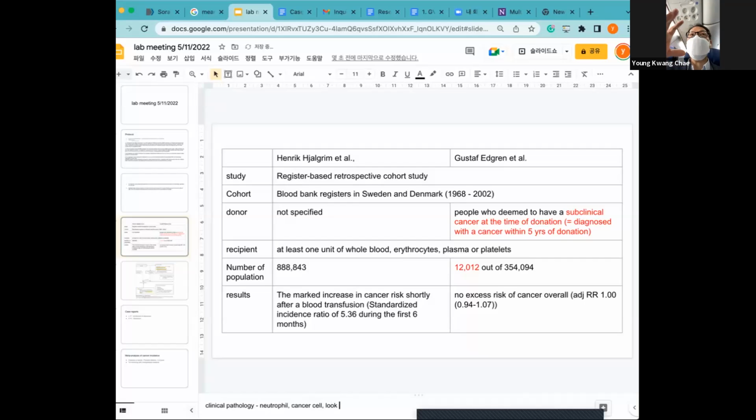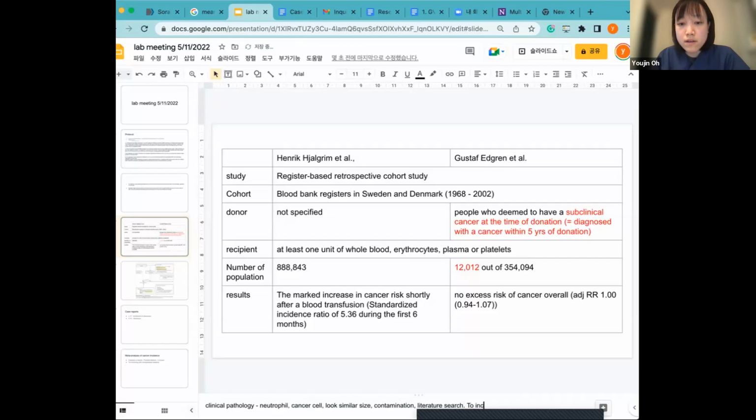So the chance of them being contaminated in packed red blood cells versus platelets versus plasma. Yeah, I don't know. Maybe you can look up the literature. But I think to increase our number, I think we should. Yeah, that makes sense.